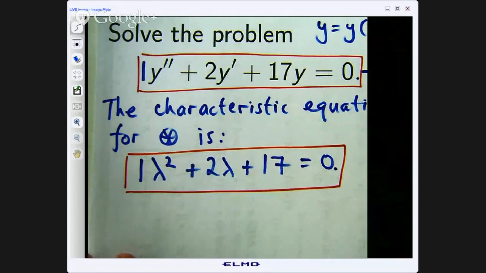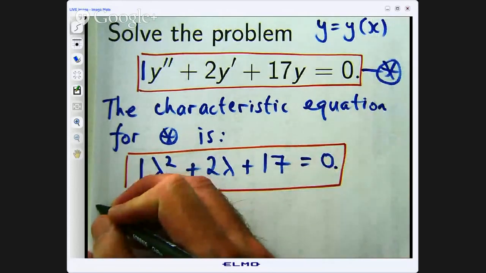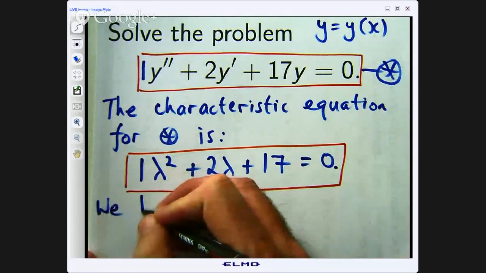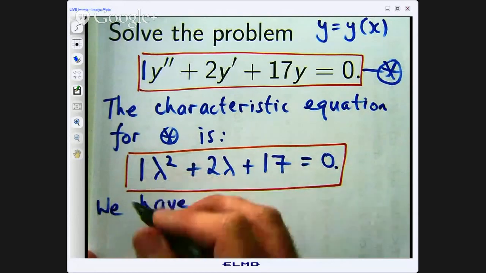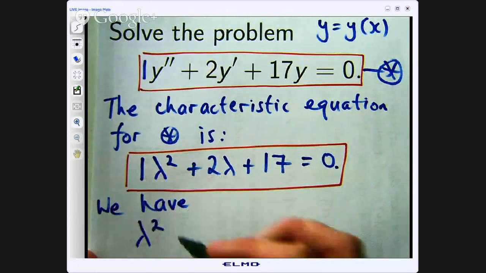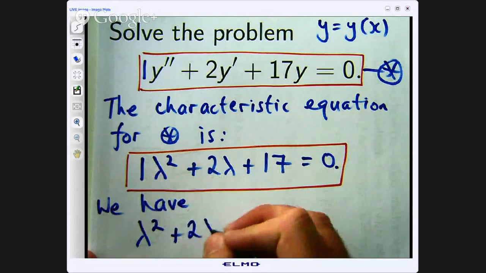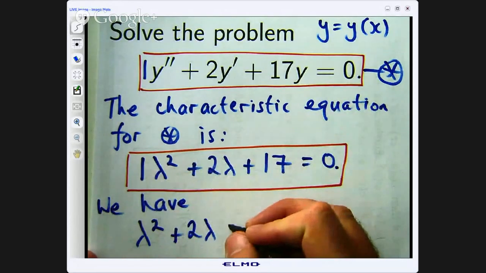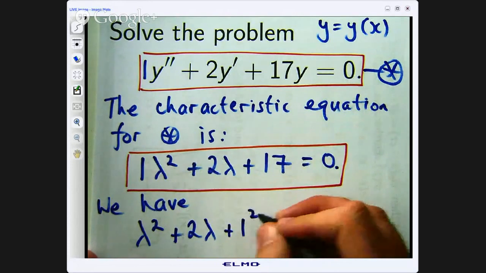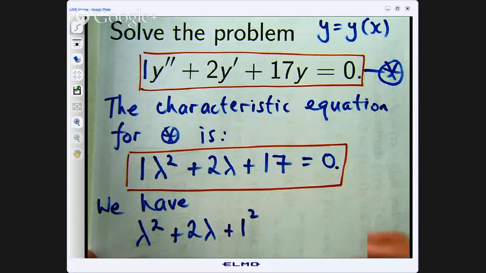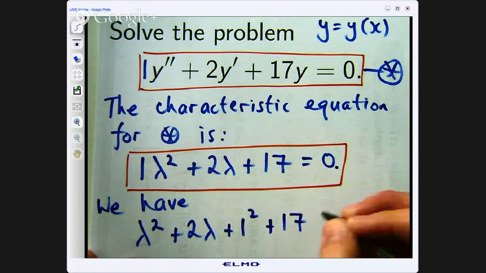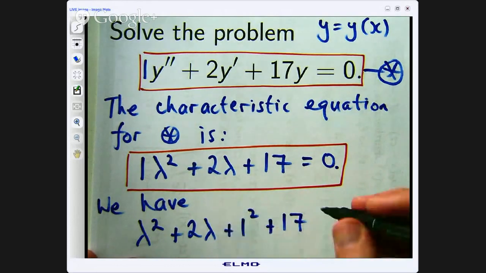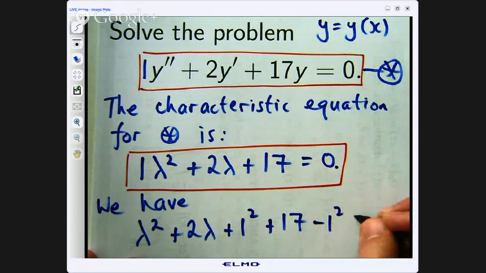So we have the following. I'm just going to get rid of that 1 now. I'm going to look at the coefficient of this lambda. It's positive 2. I'm going to take half of that, which is 1, and I'm going to square it, and add it. Now, so I don't change the equation, I need to take the same thing away.